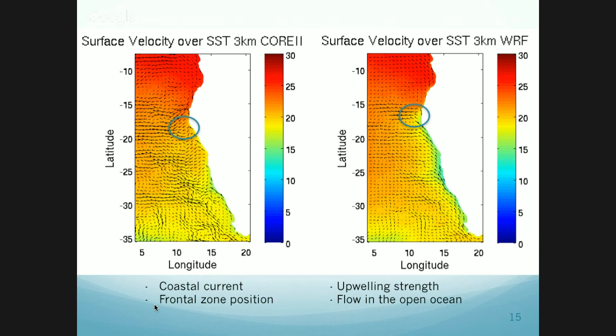But in the wall forcing, we see that the Benguela current goes all the way to 16 degrees south, and it meets with the Angola current and flows westward. So the frontal zone position in the wall forcing is actually to the north of the CORE2 forcing here.